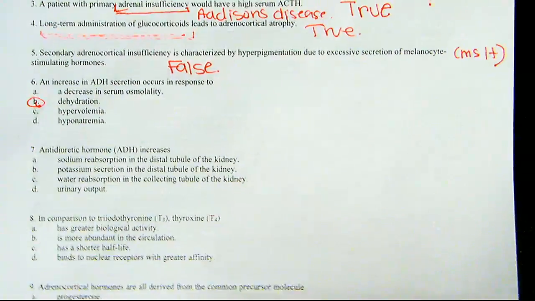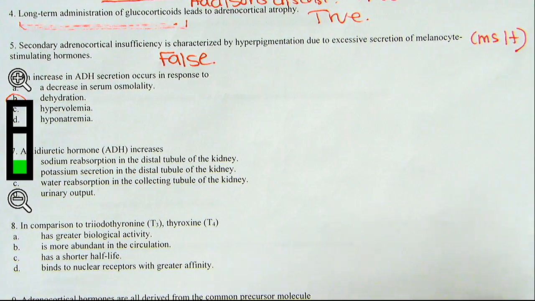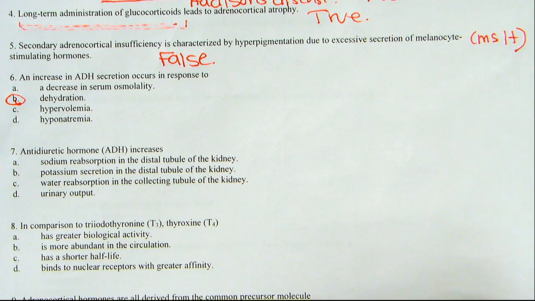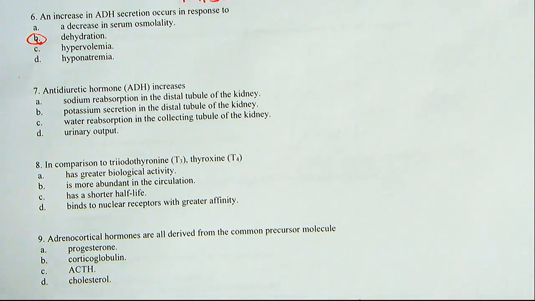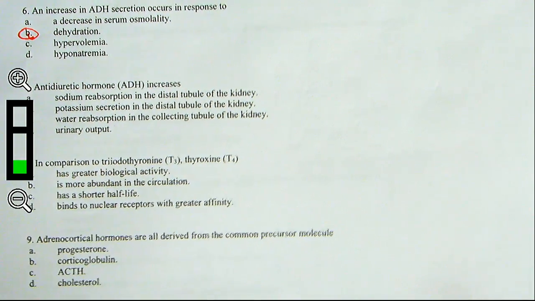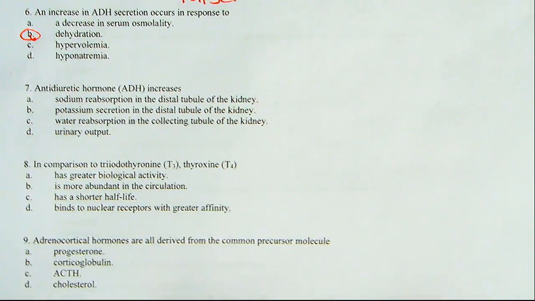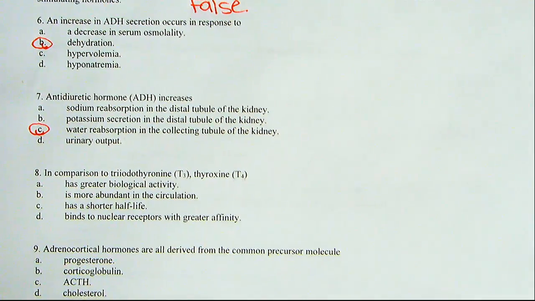So then we want ADH secreted when we are dehydrated, and we want to increase reabsorption of water in the collecting tubules of the kidney, of the nephron of the kidney. Okay, so I just answered some. 7, antidiuretic hormone increases what? You guys know this one now. Which one? Yes. Water reabsorption in the collecting tubules.